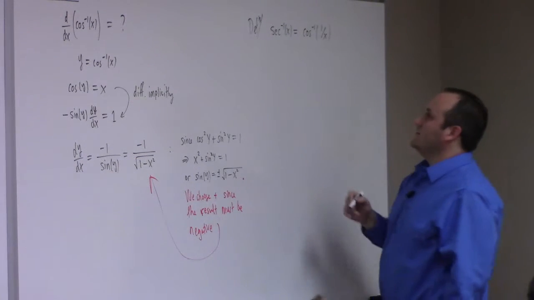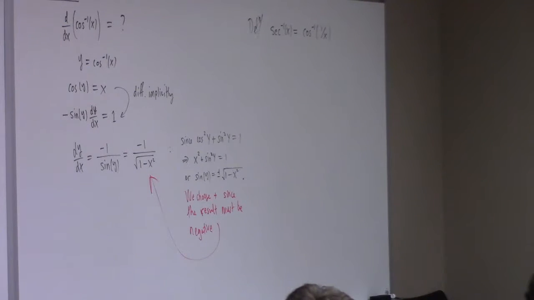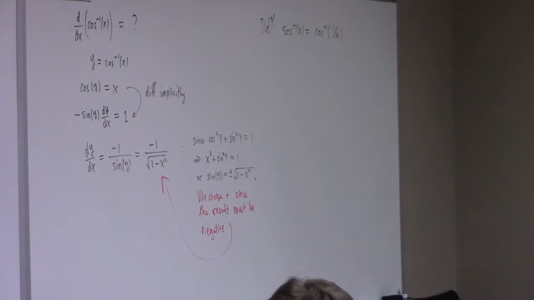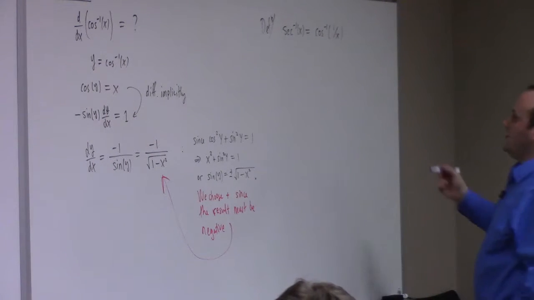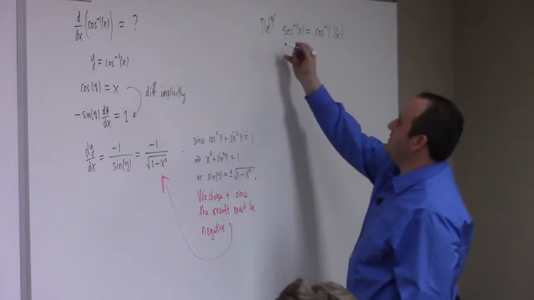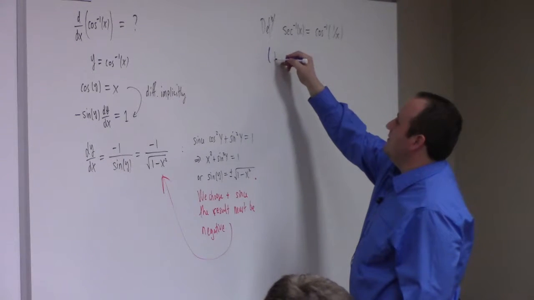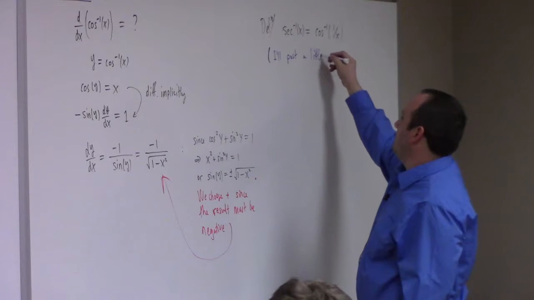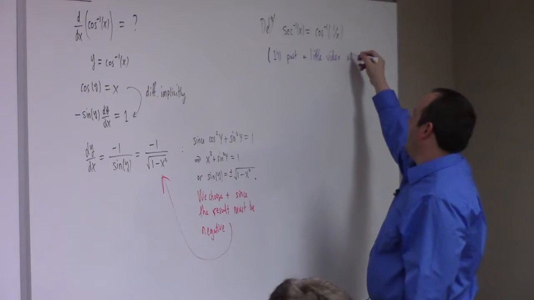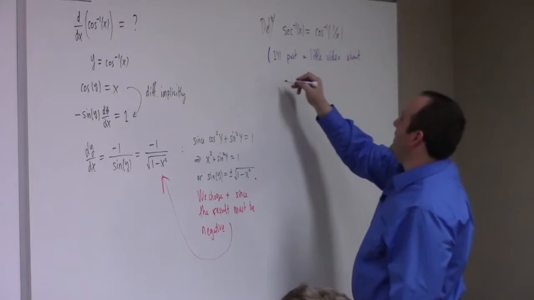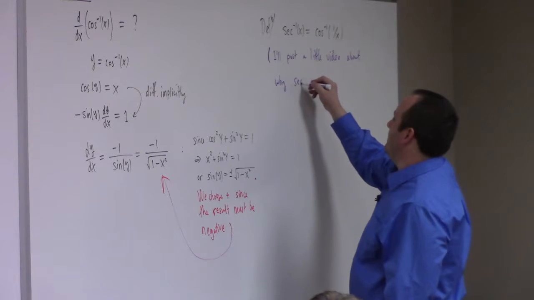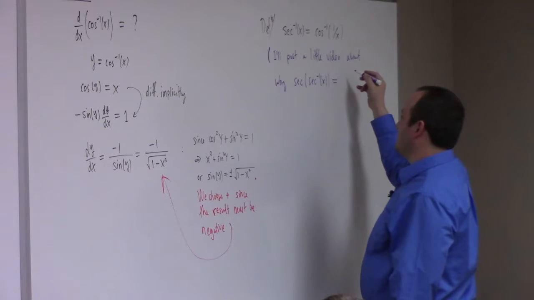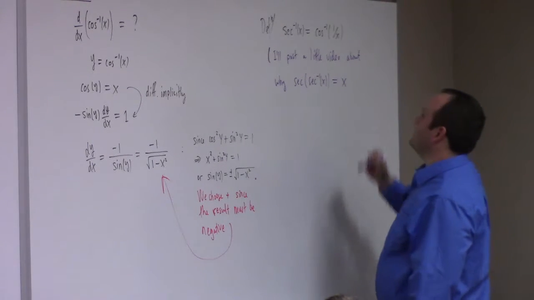And it follows from that definition. But you know what? I'm not going to burn class time on this. Let me just say I'll post a little video about why secant of secant inverse of x is in fact equal to x.